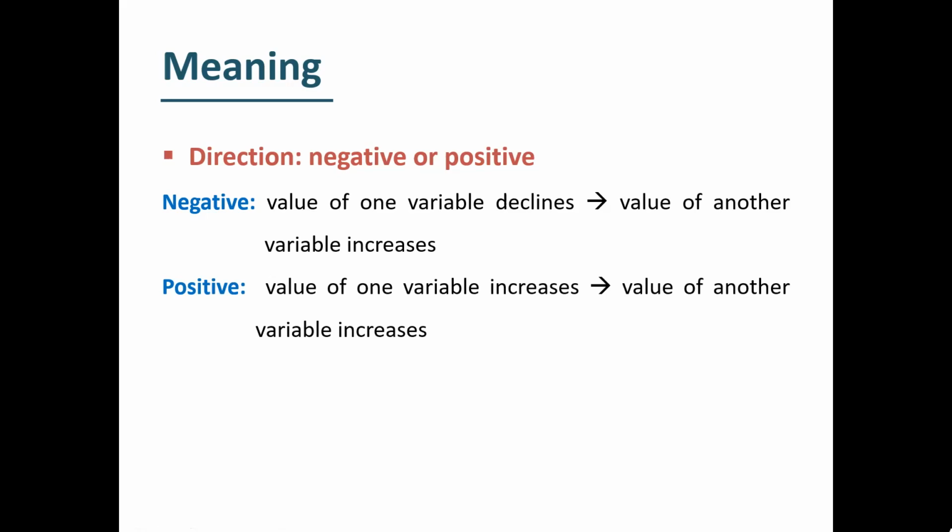So price and quantity demanded are negatively associated: if price increases, quantity demanded decreases. On the other hand, take the example of income and consumption expenditure. Higher the income, higher the consumption expenditure; lower the income, lower the consumption expenditure.